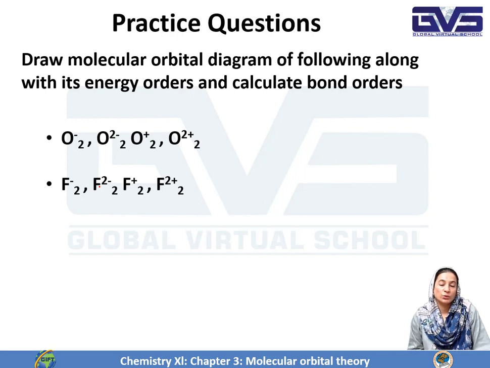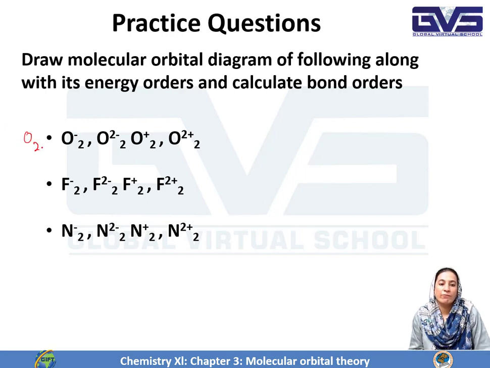You will also have to tell whether a molecule has paramagnetic or diamagnetic behavior. I have drawn for oxygen as a neutral molecule. Negative 1 means add 1 electron, negative 2 means add 2 electrons. I have already drawn for O2 and its ions. Positive 1 means remove 1 electron, positive 2 means remove 2 electrons.